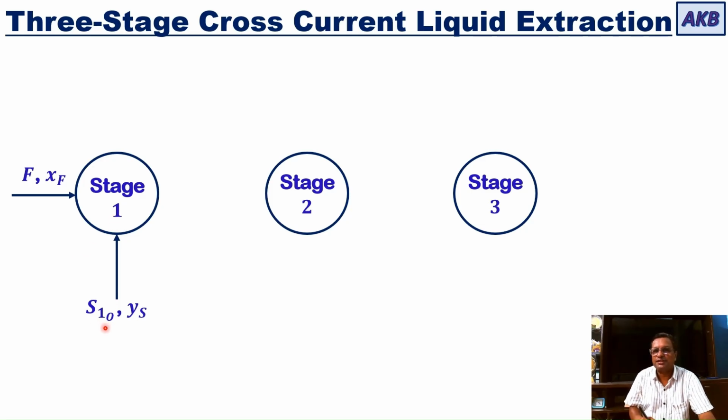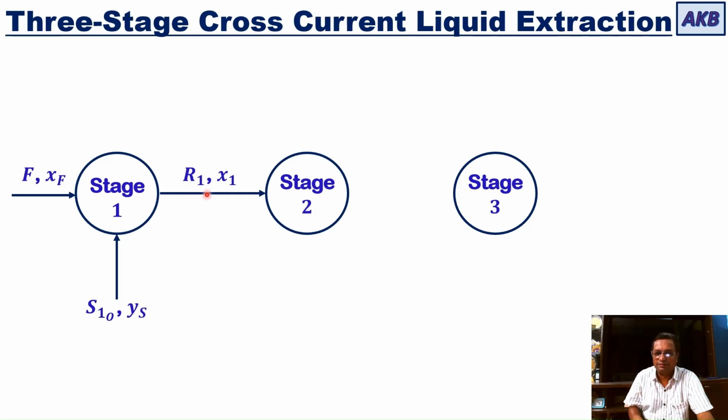S10 is the mass of the solvent admitted to stage number 1, and if the operation is continuous, it is the mass flow rate of the solvent phase that is admitted to stage number 1. And then YS is the weight fraction of the solute in the solvent phase that is admitted to stage number 1.